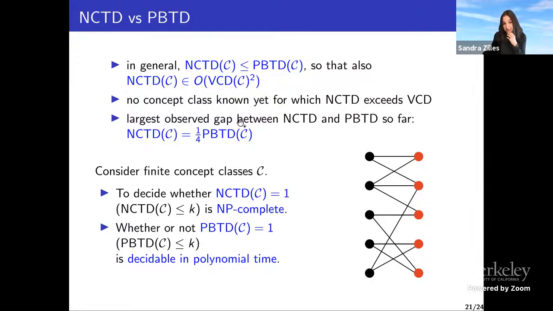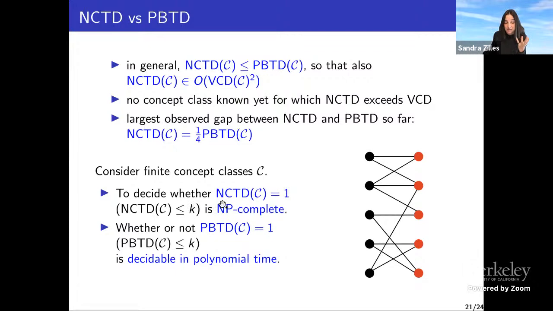We've also been trying to compare NCTD and PBTD. The largest observed gap we've found so far is examples where PBTD is 4 times NCTD, but we believe that it can actually be arbitrarily large. The problem is it's very hard to set up computer experiments to construct such classes and test them, because the NCTD is a bit of a beast in that regard.